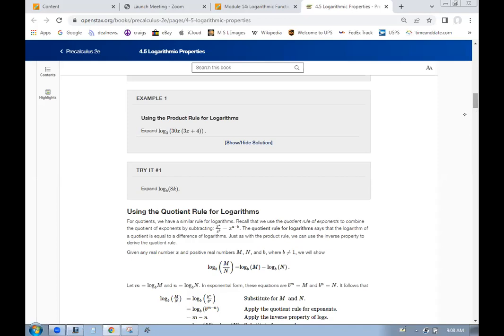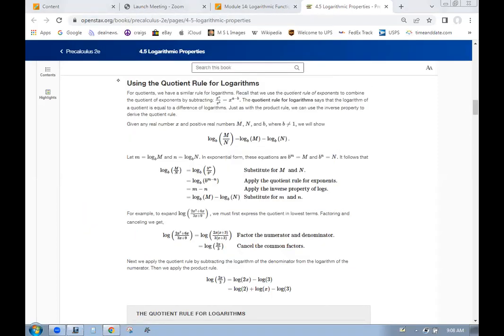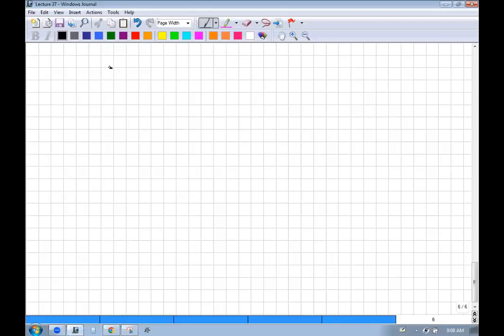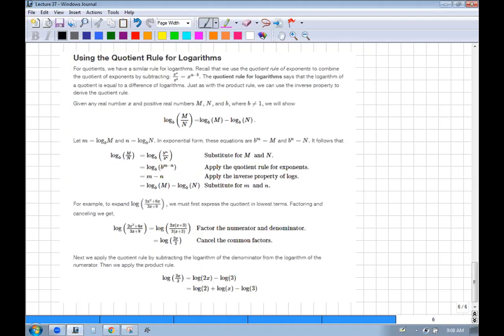So here's your quotient rule, exactly what you would think it would be. Here's the proof. Let's see, what do they do here? So they do some factoring in this example. And then this can be written as log of 2x minus log of 3, because the 3 is on the bottom.